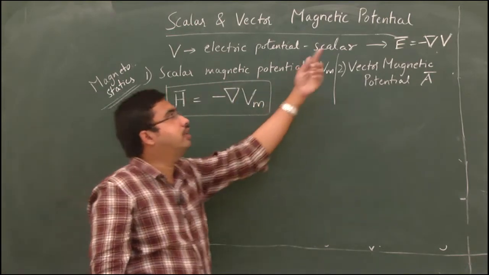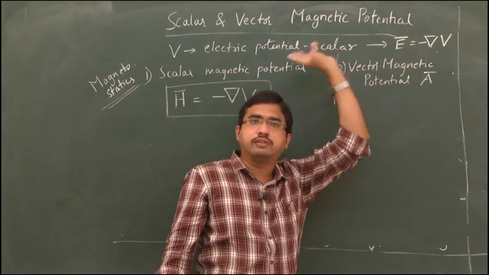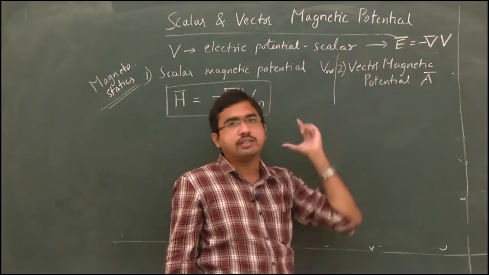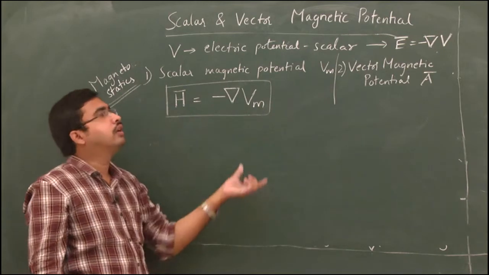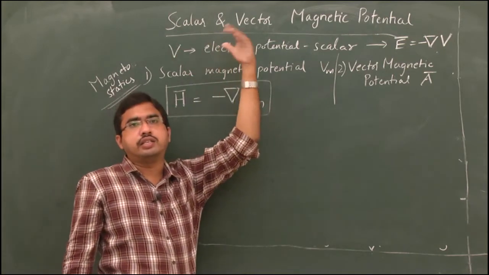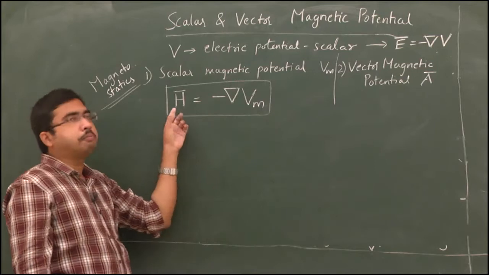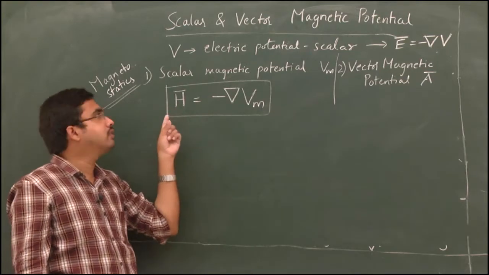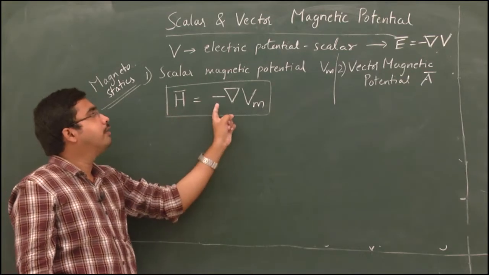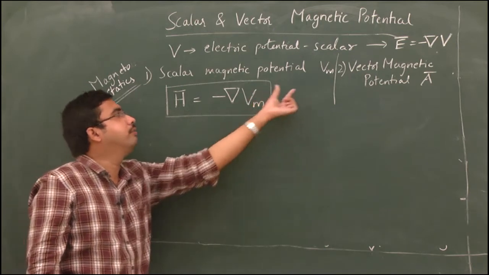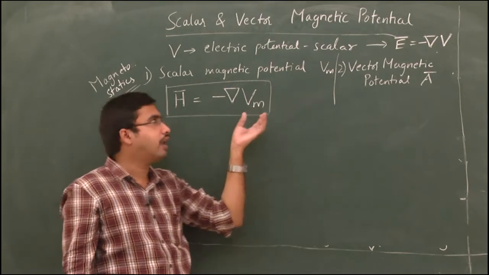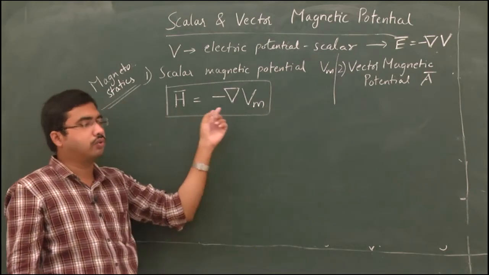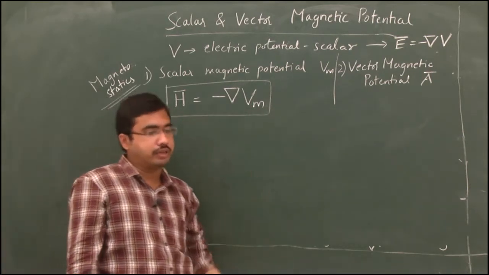Similarly, as we derived E bar equal to minus del V in the first unit, on comparison we assume the same quantities in the second unit. There electric field intensity E bar can be compared to magnetic field intensity H bar in the second unit. H bar equal to minus del Vm, where Vm is the scalar magnetic potential.